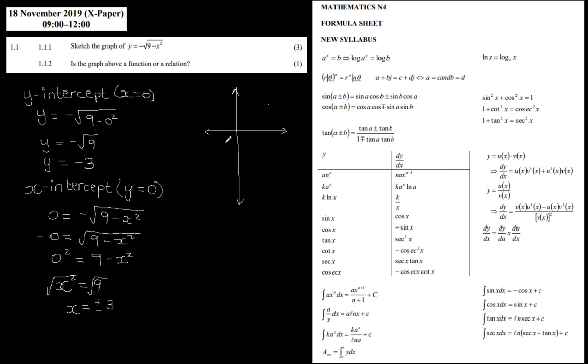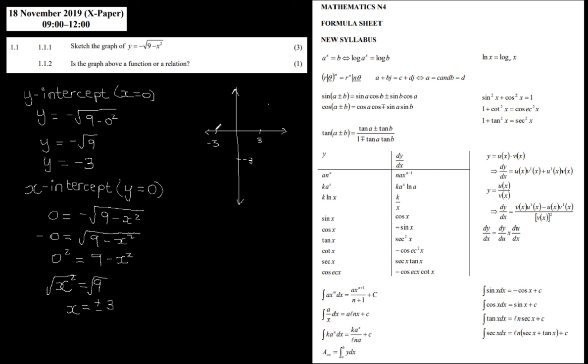So we know my y-intercept was negative 3. So at negative 3 my graph is going to cut. Then I know my x-intercepts were positive 3 and negative 3. So now it's going to cut at positive 3 and it's going to cut at negative 3.